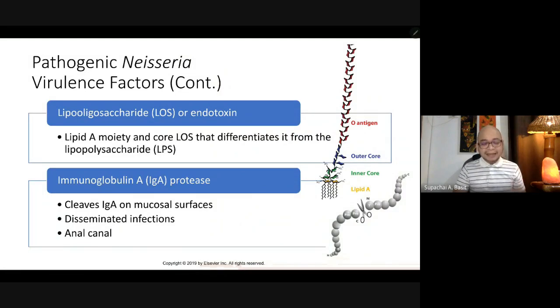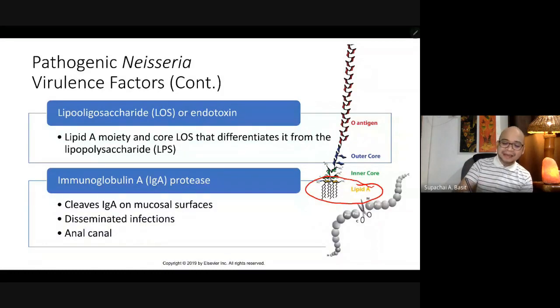Another virulence factor is the presence of LOS, or endotoxin. Is it different from LPS? Actually, yes. So the lipid A moiety, so yung lipid A, differentiates it from the LPS.